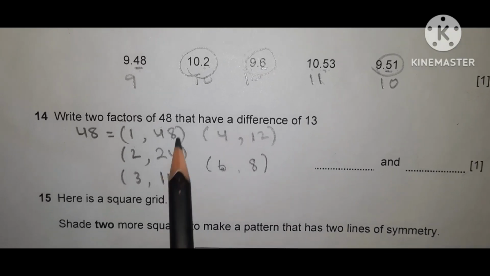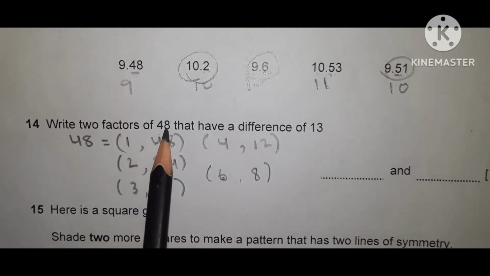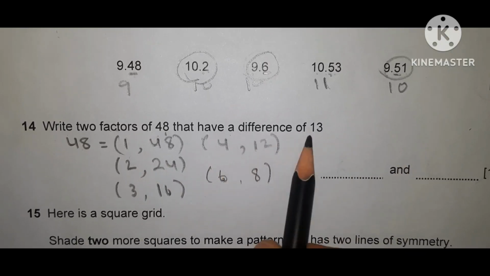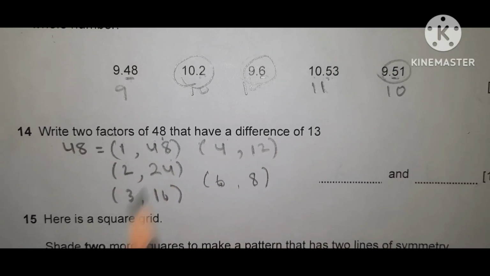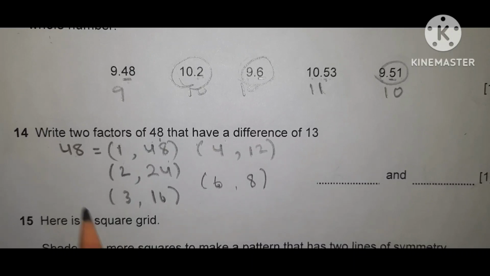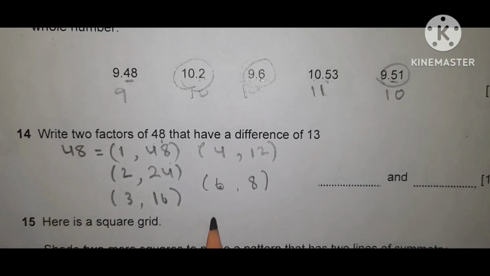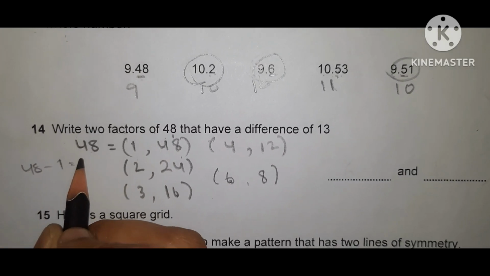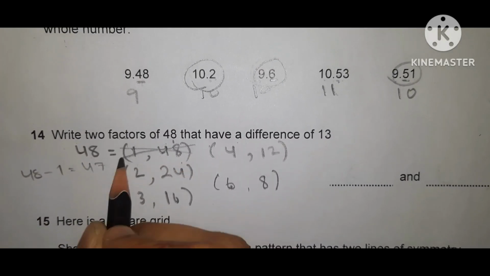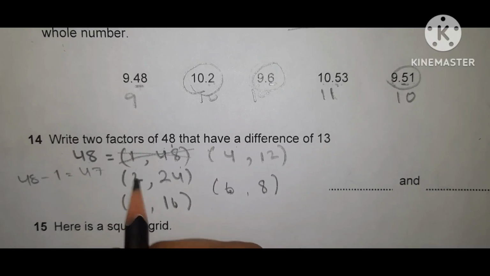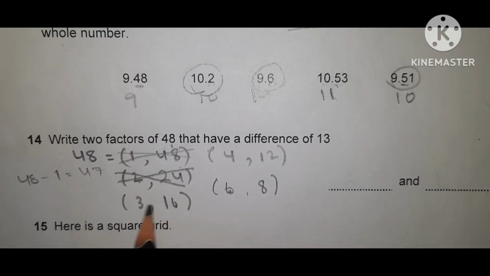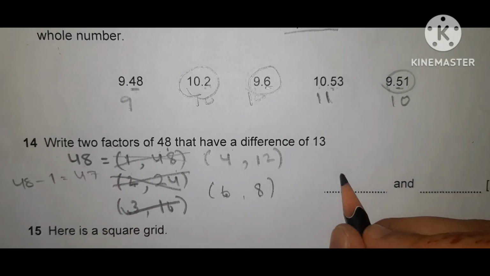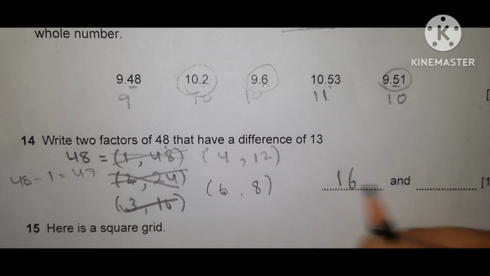Now it says write two factors of 48 that have a difference of 13, which means you have to subtract both of the values and check if it gives you 13. So now you'll do 48 minus 1, which is 47, so no. 24 minus 2 is 22, so no. 16 minus 3 is 13, so it's this one, 16 and 3.